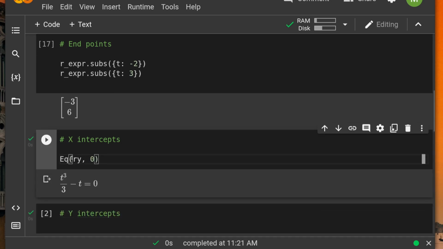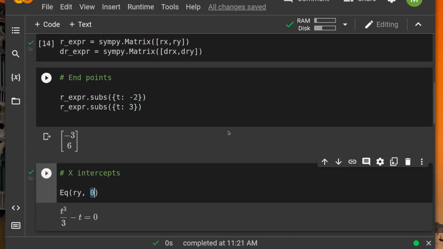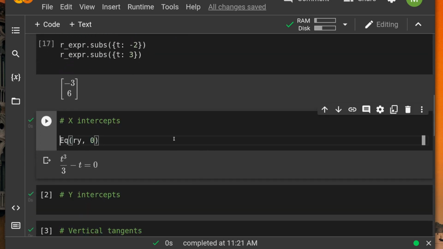So here I've written EQ for equation, where the y-coordinate is equal to 0. And when our y-coordinate is 0, those are our x-intercepts. What we will now do is use SymPy. You can also do this by hand, but it's very good to teach yourself how to use a computer.